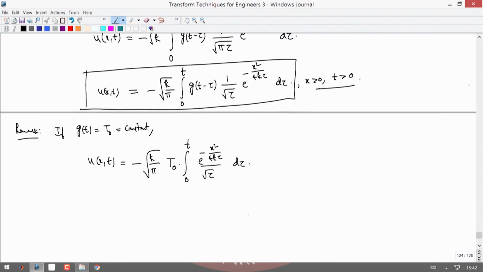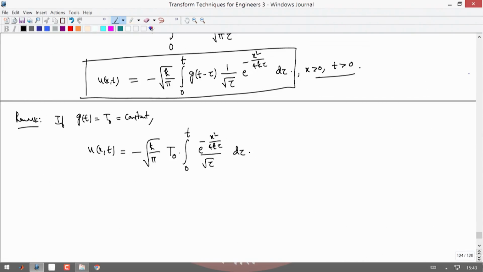Again, you can make use of x by 2 root k tau as a new variable x1. So you get x by root 2k, and minus half times tau power minus 3 by 2 d tau equal to dx1.